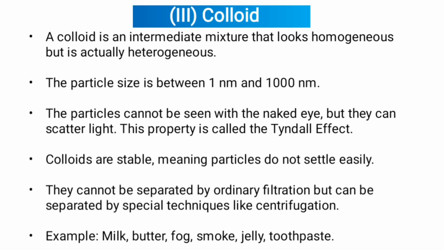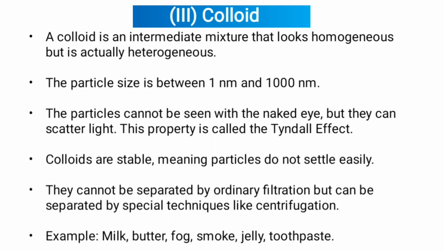Now, the third one is colloids. A colloid is an intermediate mixture that looks homogeneous but is actually heterogeneous. The particle size is between 1 nanometer and 1000 nanometers. The particles cannot be seen with the naked eye, but they can scatter light.